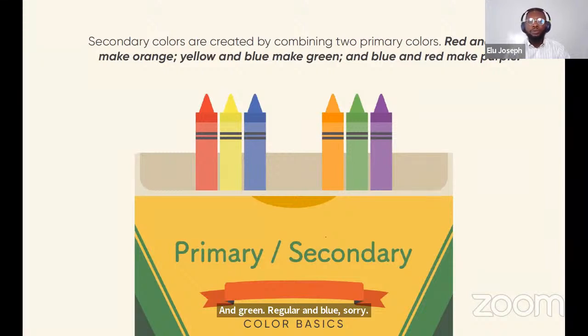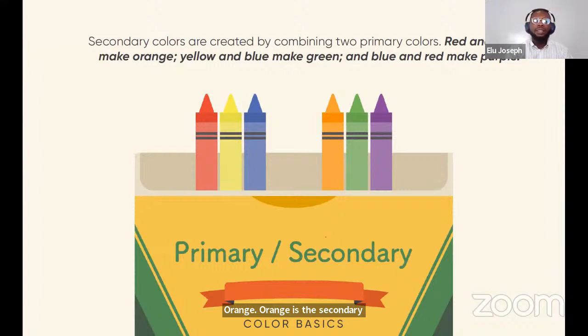Red, yellow, blue, primary colors. How do these colors switch to become secondary? By combining each. Remember I mentioned the E3s use red and yellow. If you mix red and yellow together, you get what? Orange. Orange is a secondary color.